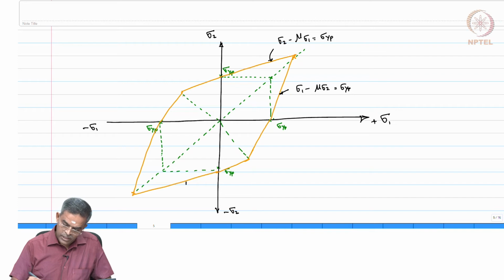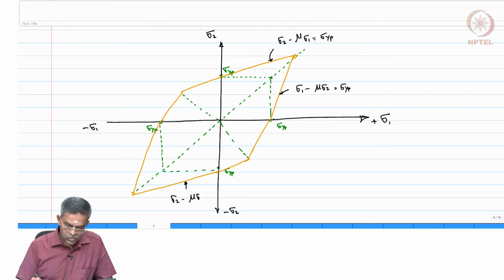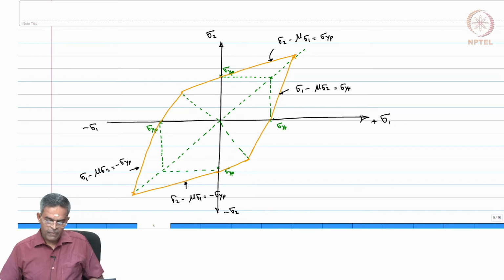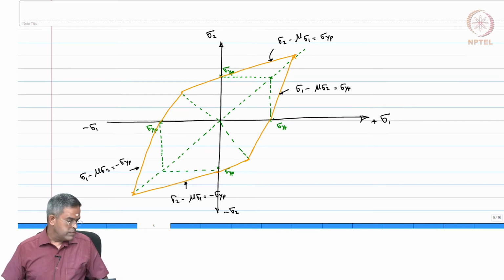Similarly, this particular line, sigma 2 minus mu sigma 1 will be minus sigma yp. This particular line, it will be sigma 1 minus mu sigma 2 will be minus sigma yp.